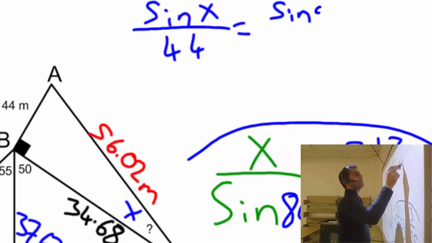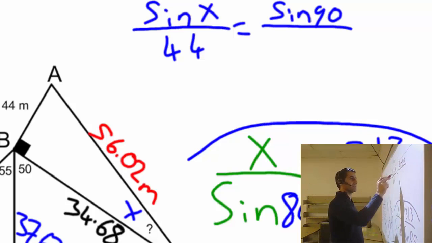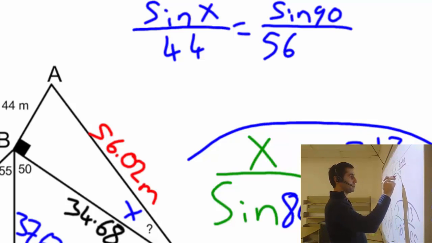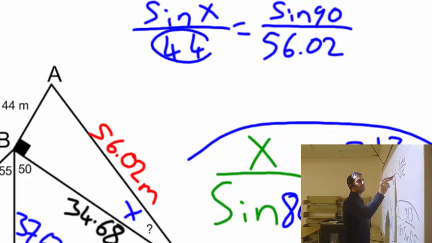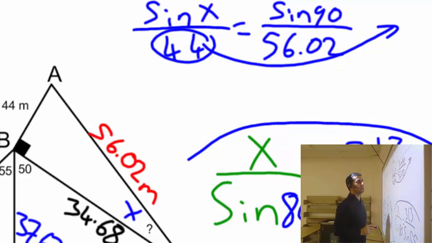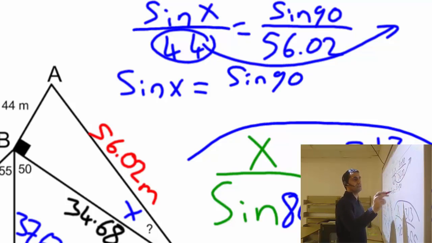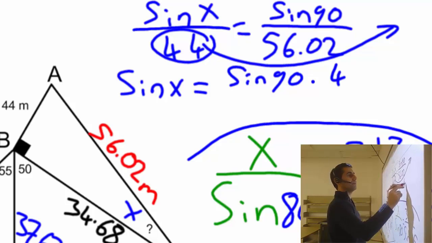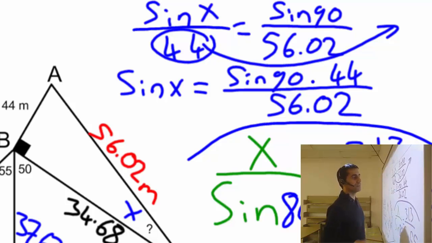Sine 90 divided by side 56.02. So let's send this to the other side to multiply, and sine X would be sine 90 times 44 divided by 56.02. So let's go ahead and calculate that.